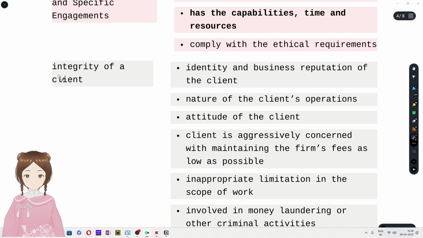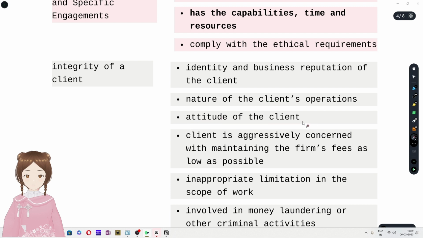In order to check the integrity of the client, how do you know whether the management has integrity or not? First, you have to identify the identity and business reputation of the client. What's the reputation of its business? Whether they have any unpaid loans, have taken an IP or faced bankruptcy, and the nature of the client's operations.